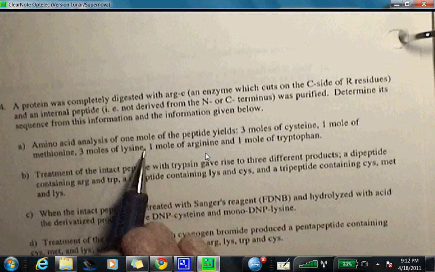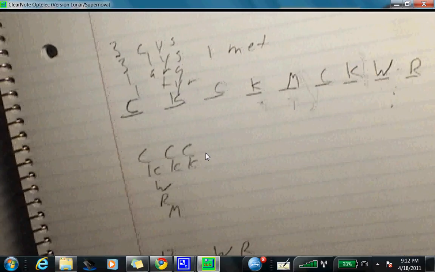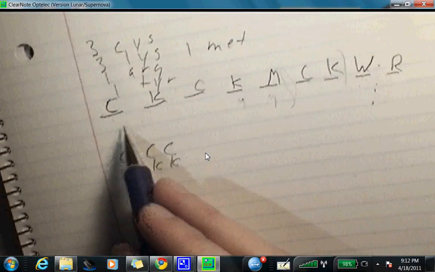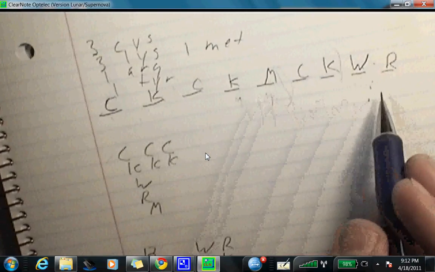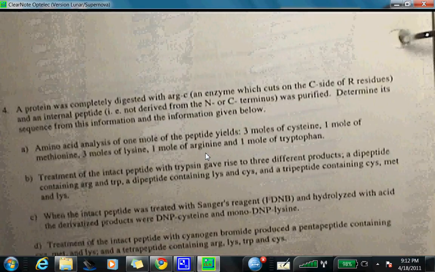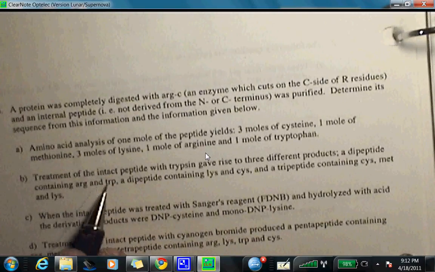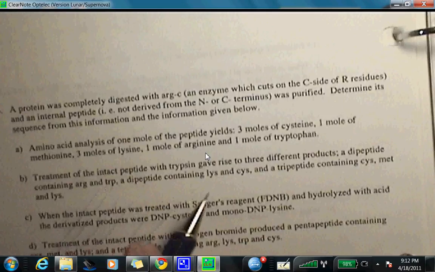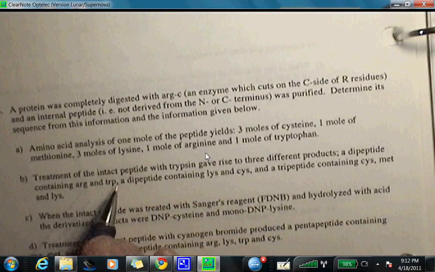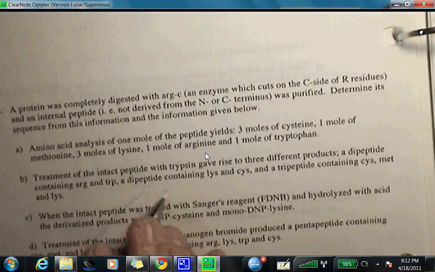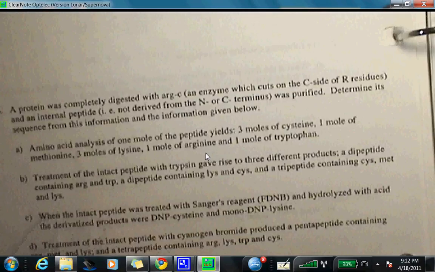This means that my mole concentrations are 3, 3, 1, 1, 1: 3 cytosines, 3 lysines, 1 methionine, 1 tryptophan, 1 arginine. This means that 3 products: a dipeptide containing arginine, tryptophan, a dipeptide containing lysine, cytosine, and a tripeptide containing cytosine, methionine, and lysine.